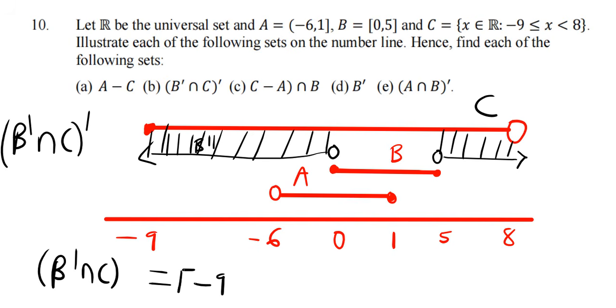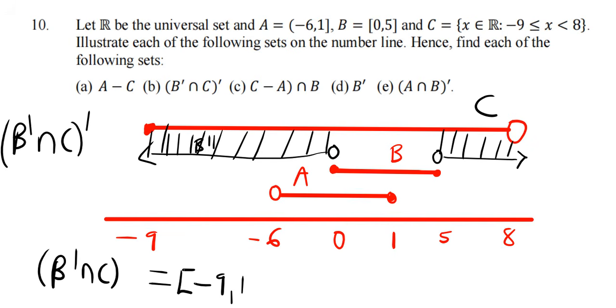-9 is included. Then we're going to reach here. 0 is not included in B complement, so I'm going to put 1, and I'm going to put like that. Hope we are accurate. B is from 0 to 5. 0 is included in B. B 0 is included, C 0 is also included.